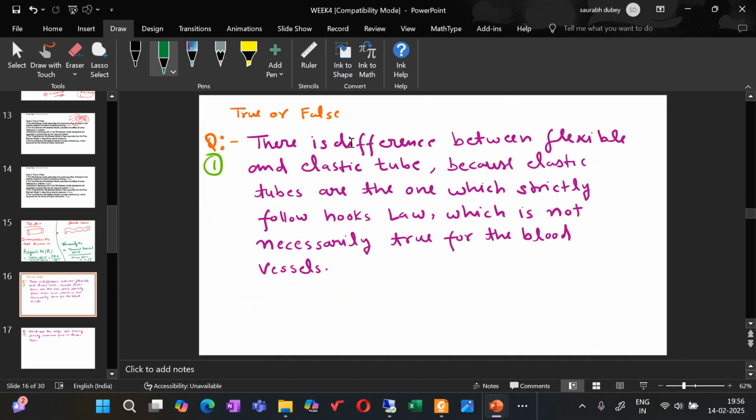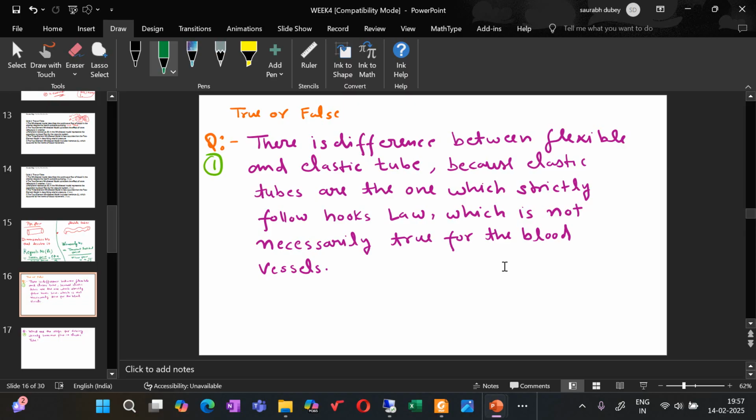So the next problem is, there is a difference between a flexible and an elastic tube, because elastic tubes are the ones which strictly follow Hooke's law, which is not necessarily true for the blood vessels, right? Is this true or false?